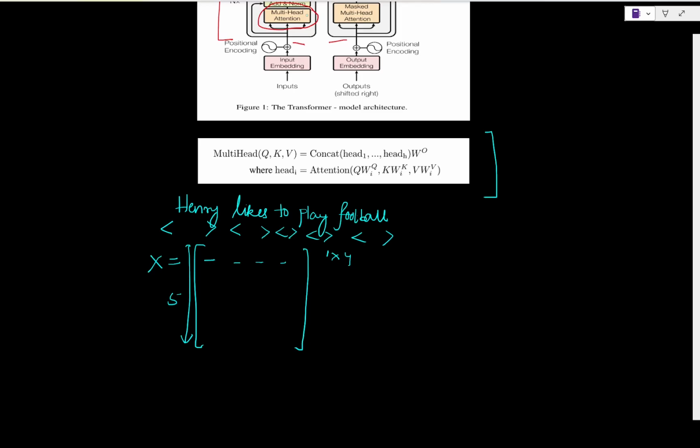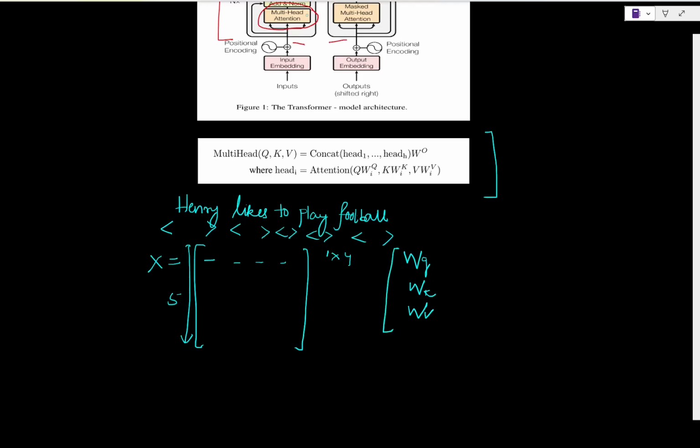Now, if anyone remembers, what we are doing is we are projecting them into 3 spaces. One is the query, one is key, one is value. Details regarding this are covered in the previous video. So again, if someone is not able to follow this part, please go back and watch the first video, then come back to this position. Now, this was what we were doing, right?